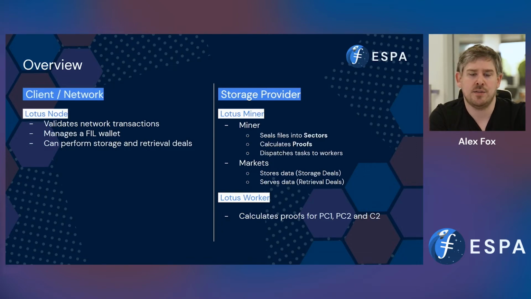The miner also contains the Lotus markets component, and that can be run inside the miner process, or it can be split out to run separately. The markets process is responsible for essentially advertising the storage providers to the rest of the network. It allows clients to find the storage provider and then send their data in online.